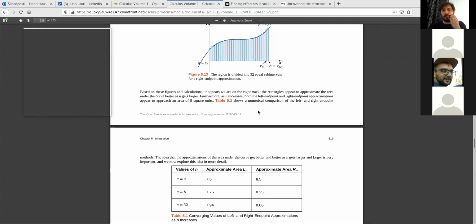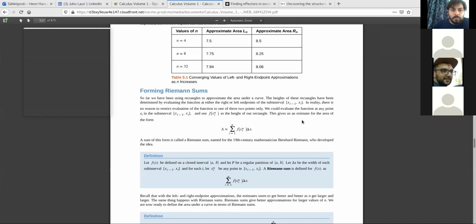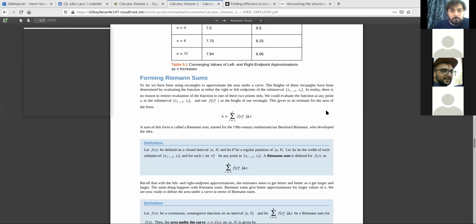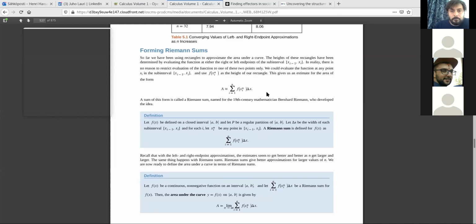The intermediate value theorem guarantees that. If we knew this xi star correctly, then this area would be exactly correct. But regardless of which point we use here, we get some kind of approximation, and unless the function is absolutely horrible at that point, this will be a pretty good approximation as long as n is relatively big.